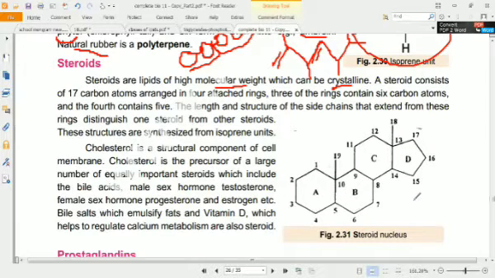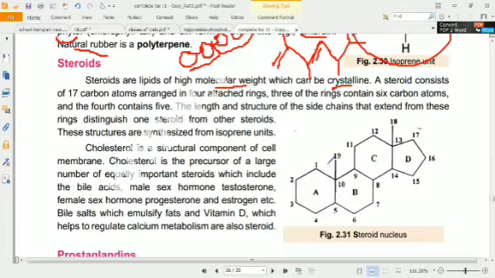If you can see here on the diagram, 3 rings have 6 carbon atoms, and the 4th ring has 5 carbon atoms, and the other two are outside of that.